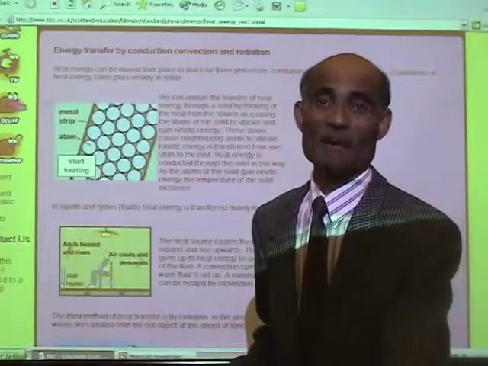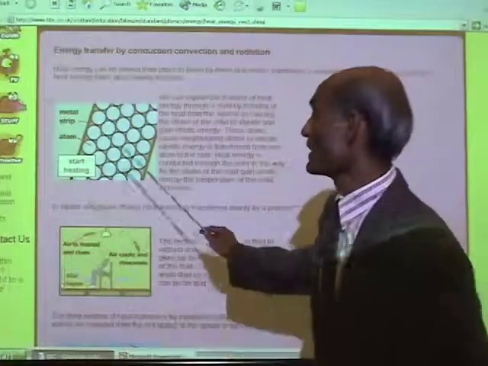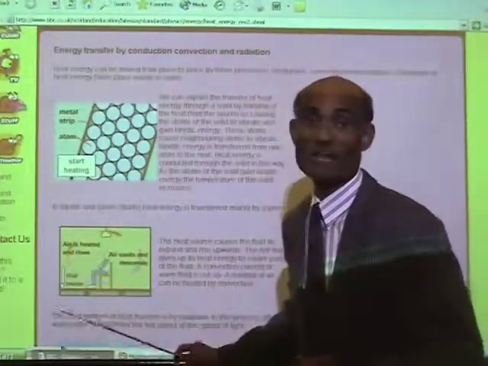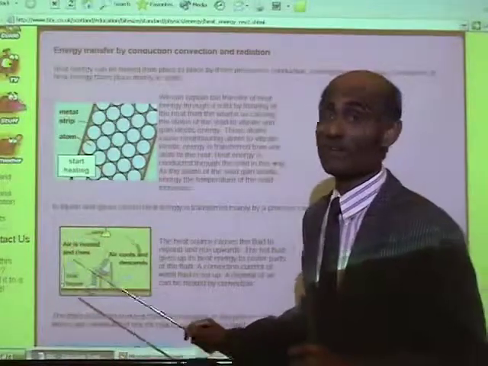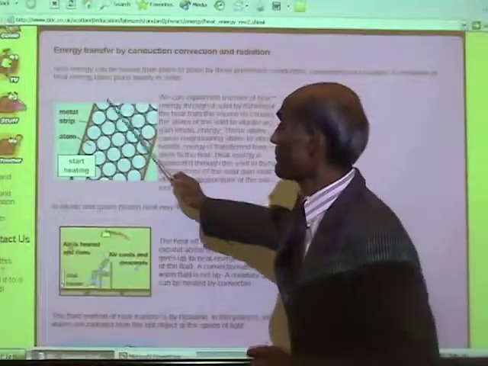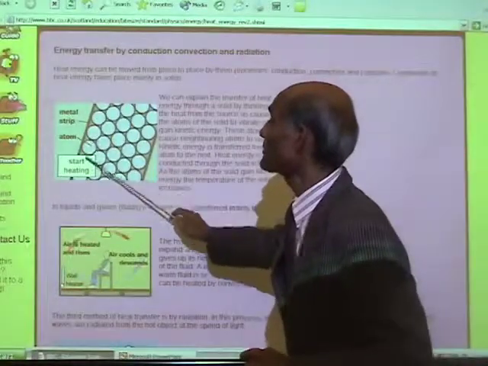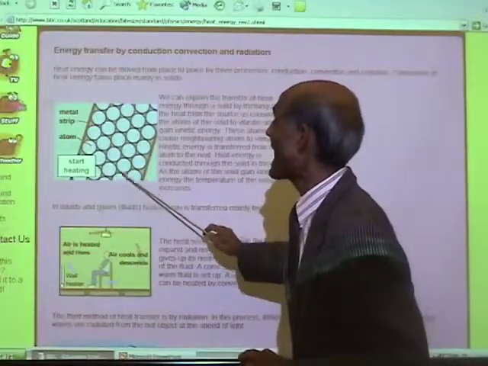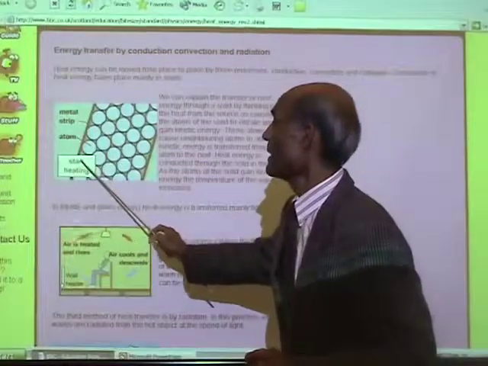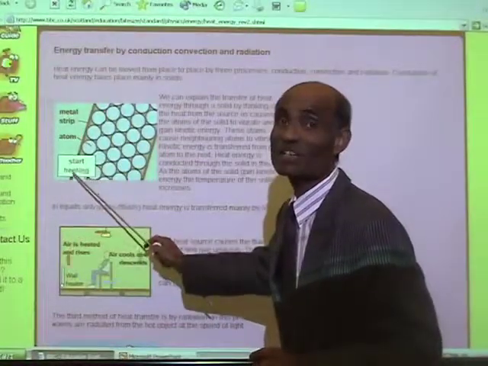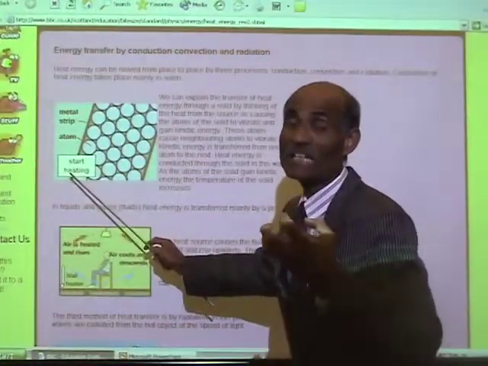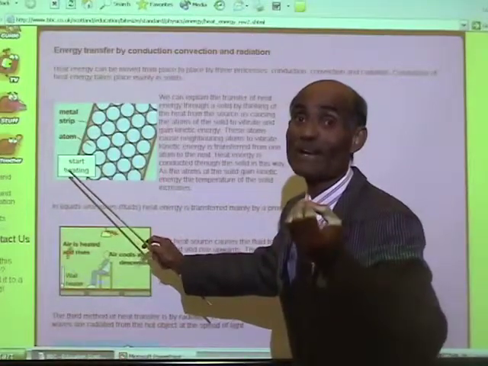Now here I have an illustration of conduction, convection and radiation. Now watch carefully. First let's illustrate conduction. Now this is a metal strip and these are atoms of the metal. I'm going to start heating one end, and when I heat it, atoms will look red.